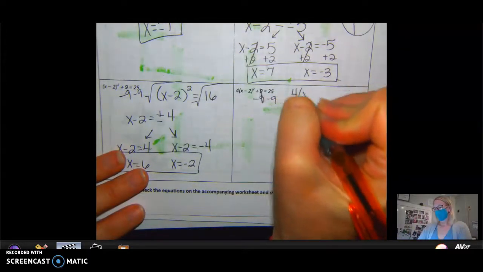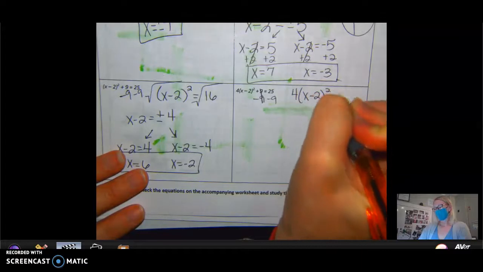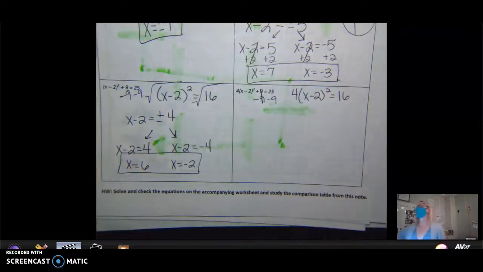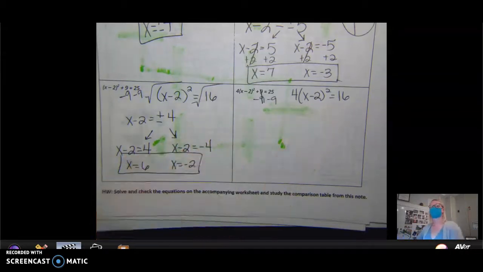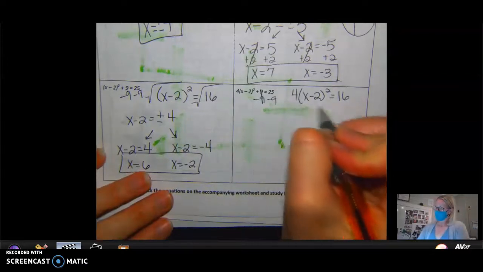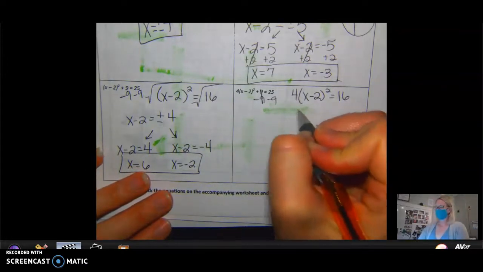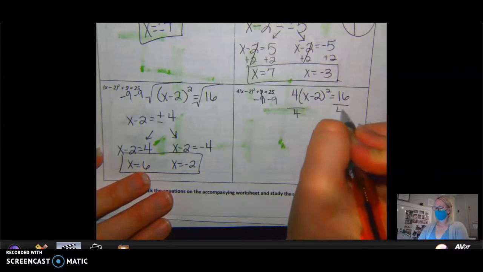I get 4(x - 2) squared equals 16. Again, my goal is to get that squared term, and in this case the squared term is the x minus 2, by itself. So what would I need to move now? The 4. How do I move this 4 to the other side? Divide by 4 on both sides, yep.